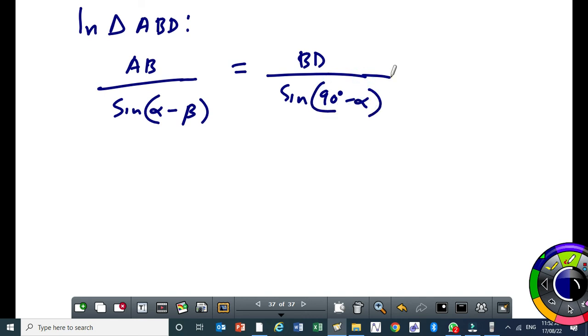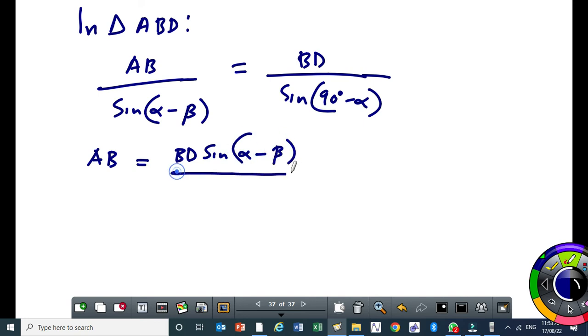Okay, all right. So allow me to just simplify this. So AB is going to be equal to BD sine alpha minus beta over.